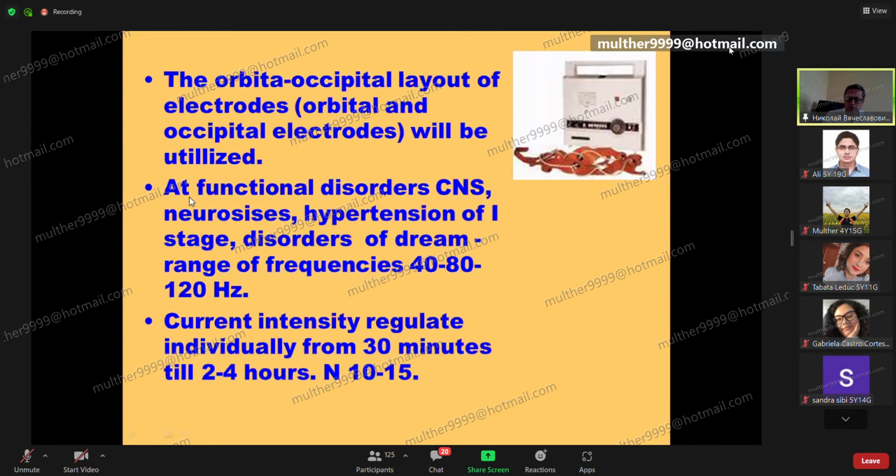For example, for patients with functional disorders of the central nervous system, or with neurosis and hypertension of an early stage, or sleep disorders, insomnia, we can recommend a range of frequencies from 40 to 80 and 220.